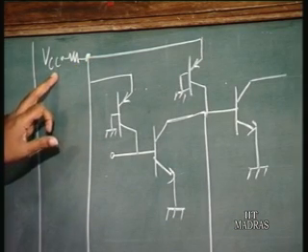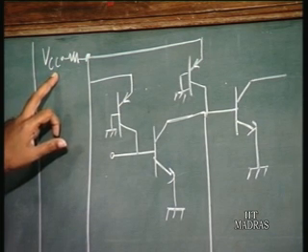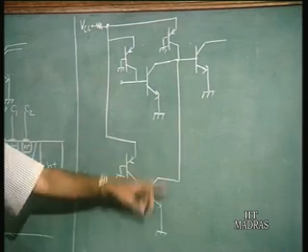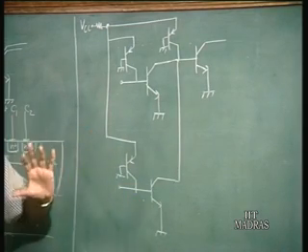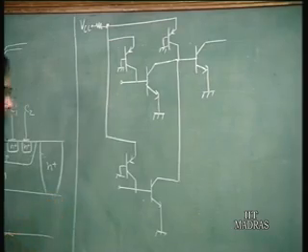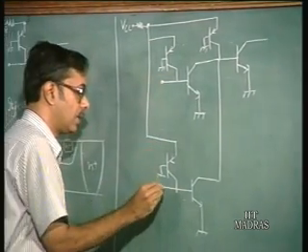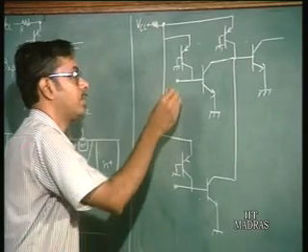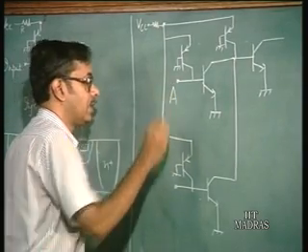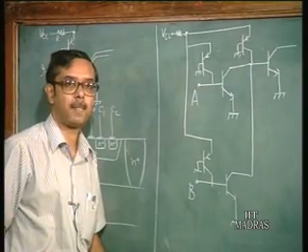So that is the one advantage of I squared L, you don't require any passive components, and also this structure is a merged structure, so you require very little area. So as I said, I squared L is more suitable for large scale integration amongst the different bipolar logic families.